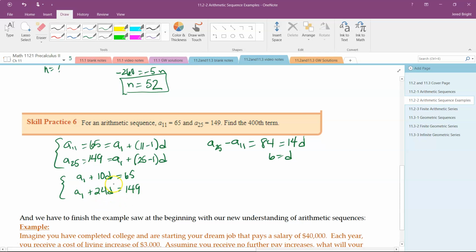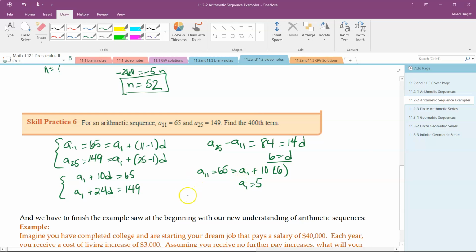You'll get the same exact thing using the system of equations, and you'd also be able to get the a1 value. Either route you take, once you find the common difference, you have to find the first term. So a11, which is 65, is equal to a1 plus 10 times 6, which is d, and then you get that a1 is 5.